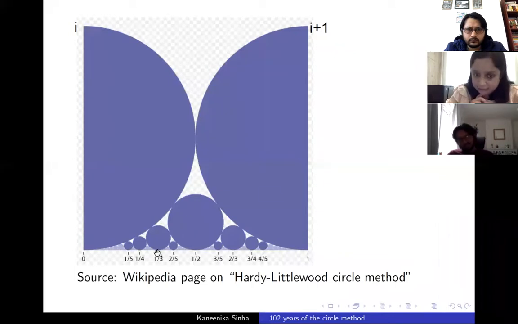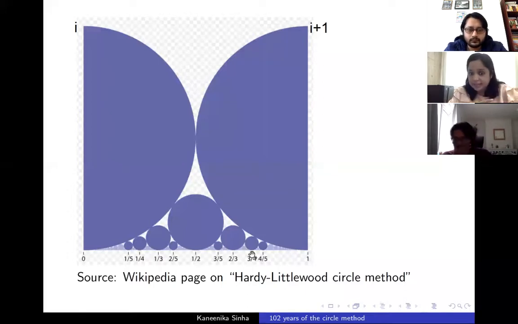Now when you take 1 by 3, you have a circle touching 1 by 3, and another circle touching 2 by 3. Then you move on to those rational numbers which have denominator 4. So now you have 1 by 4; 2 by 4 is already there as 1 by 2, so you don't have to write it again. And then the next one is 3 by 4.